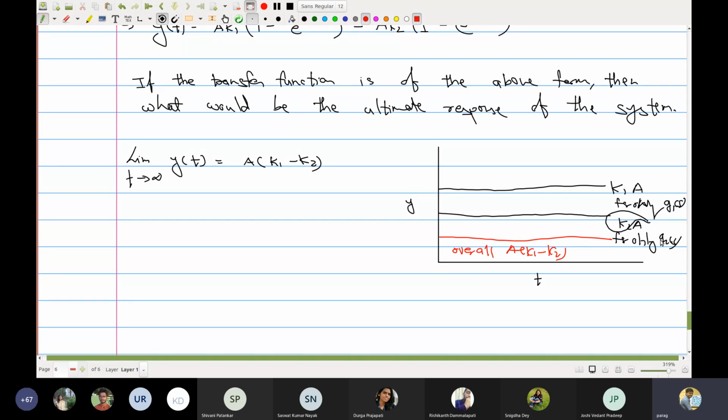You have an opposition mode which does not support the dynamics, rather it opposes the dynamics. So what's going to happen to the overall gain of the system? The overall gain of the system is going to be K1 minus K2, and the ultimate magnitude of the response would be the effective gain, K1 minus K2, times the magnitude of the step function which has been imposed, right? Okay, fine.